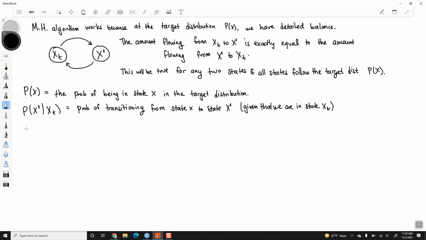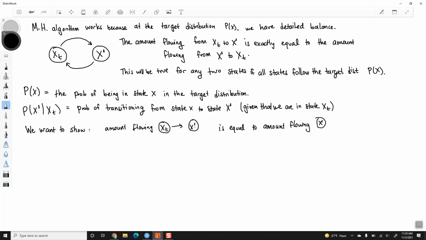Okay, so what we want to show is that the amount flowing from xt to x prime is equal to the amount flowing from x prime to xt.